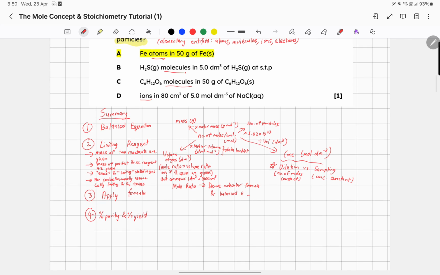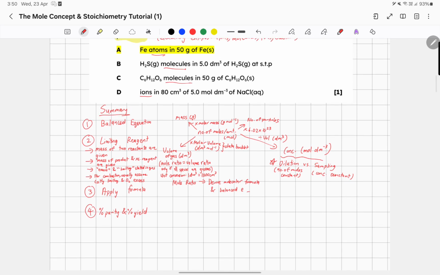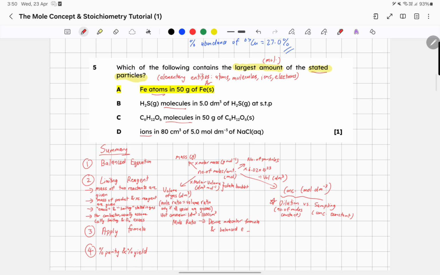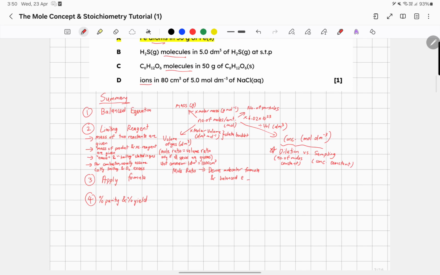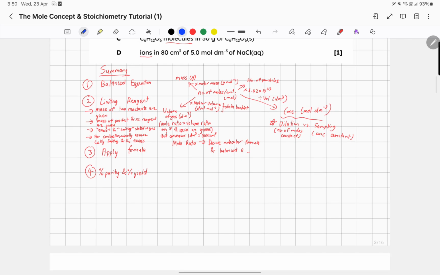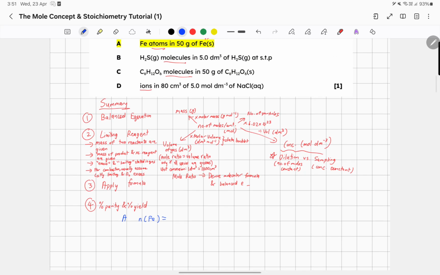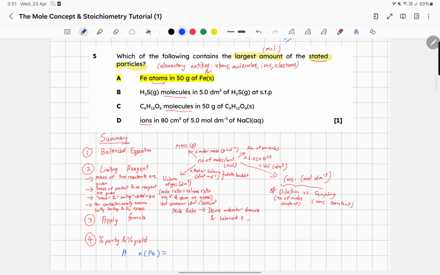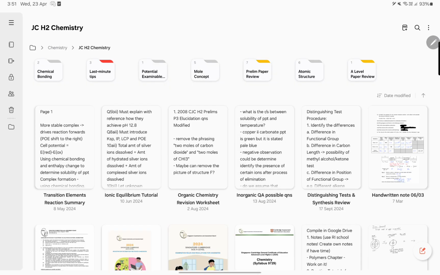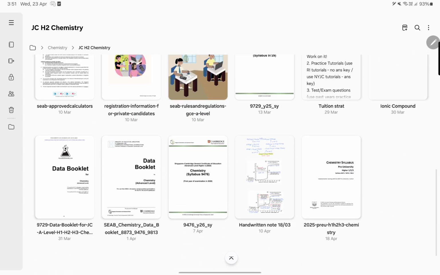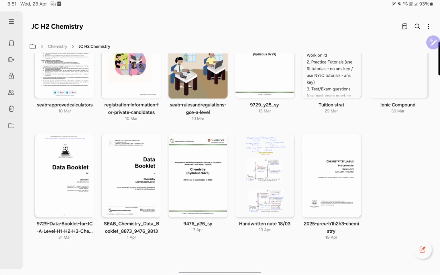Right, so option A, you are given the mass and you are also given the Ar if you look at the periodic table. So you can calculate the number of moles of iron over here. Okay, so mass, so 50 divided by the relative atomic mass of iron. So let's take a look.